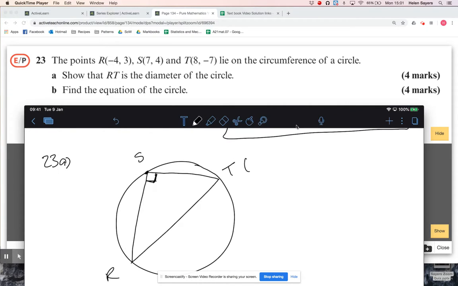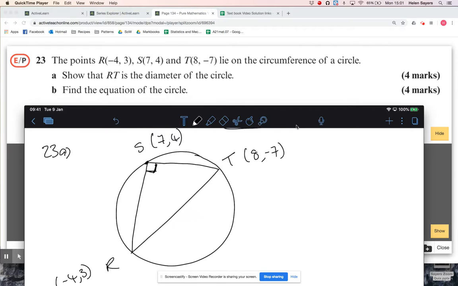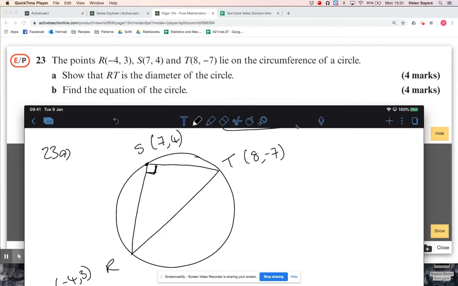That wouldn't necessarily be obvious without sketching it out, but if you do notice that, or you do remember that, then this is a much easier way of doing it, because they gave me those 3 coordinates. So as long as I can prove that RST is a right angle, then I've therefore proved that RT is the diameter of the circle. Sorry, I should just clarify.